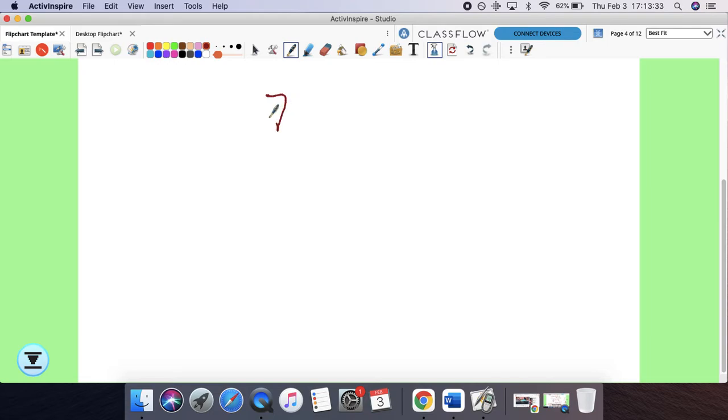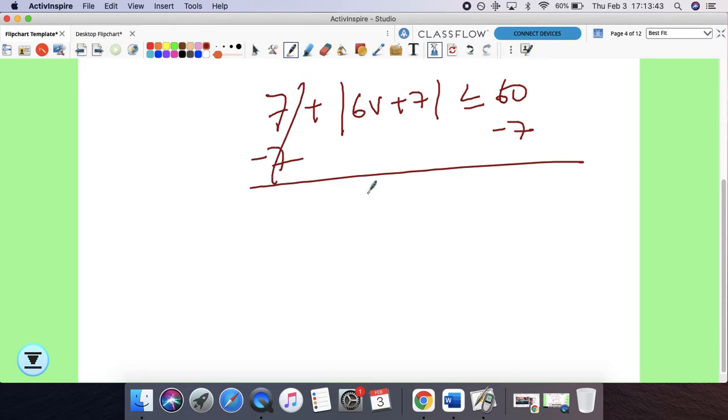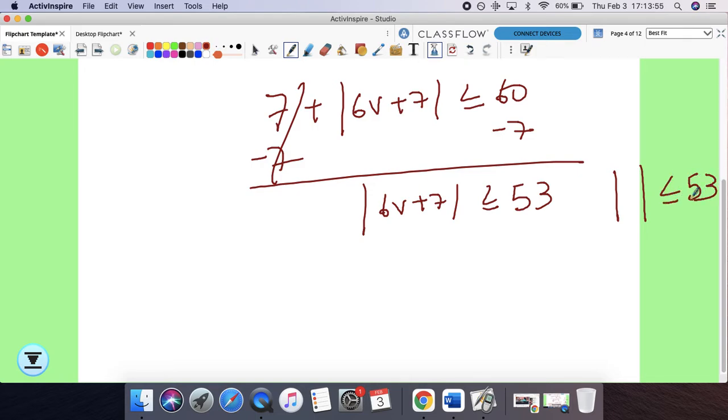22, I think. 7 plus 6v plus 7 less or equal to 60, minus 7, minus 7 goes away. 6v plus 7 less or equal to, what is that, 53. Okay, so this one's a big one. Again, take that to the side for a second and think to yourself, what numbers can I plug in here that make that inequality true?